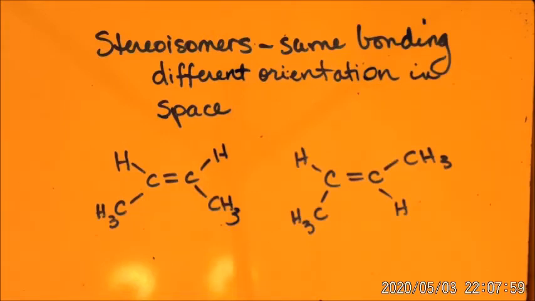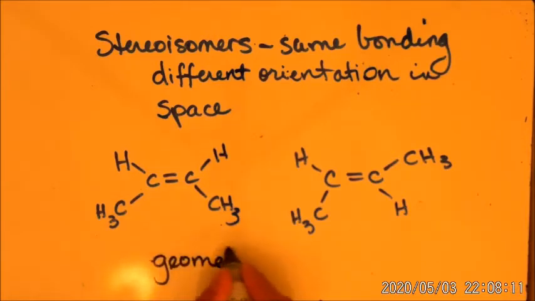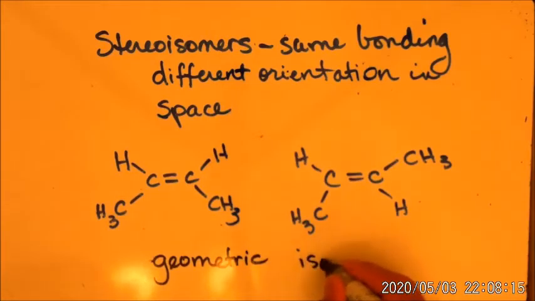So the first set of isomers we're going to talk about are called geometric isomers. And there are two examples. Now let me give you the examples with the organic compound first.